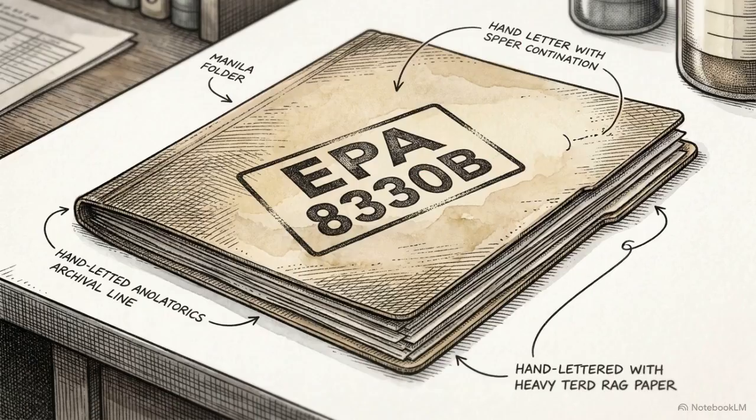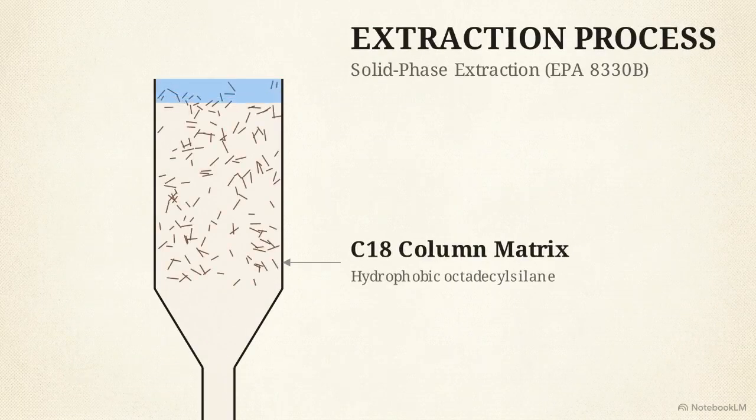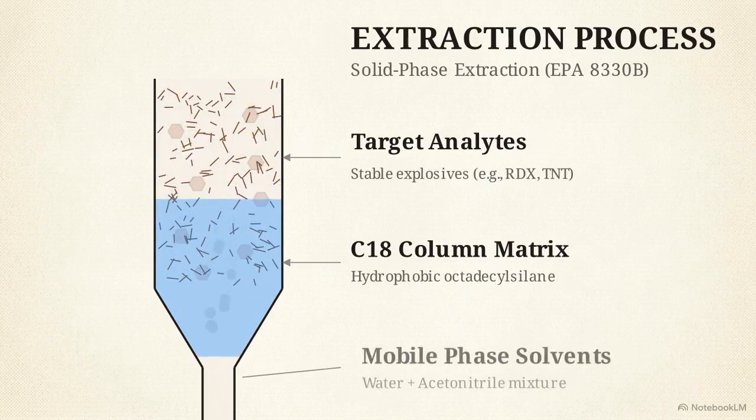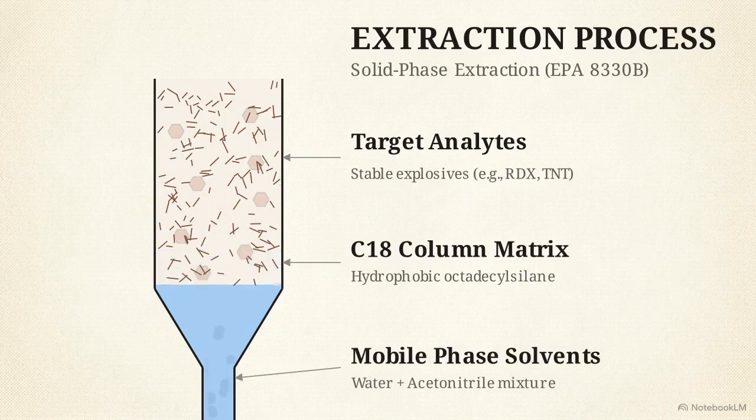Analysts extract these compounds using EPA method 8330B, the standard forensic protocol for nitroaromatics and nitramines. The process uses solid phase extraction. The sample fluid passes through a C18 column, allowing the target molecules to adhere to the matrix for isolation. This extraction is driven by specific solvents, typically a mobile phase of water and acetonitrile.